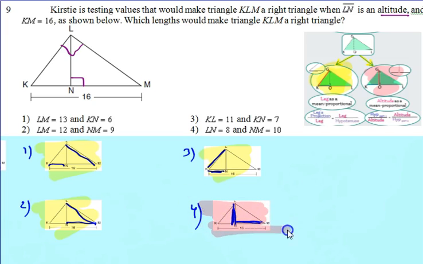So now that we analyzed it and got to review along the way, let's see which of these values actually will produce a viable proportion. So in choice 1, substitution begins with a leg. Your leg is LM, 13, mean proportional.